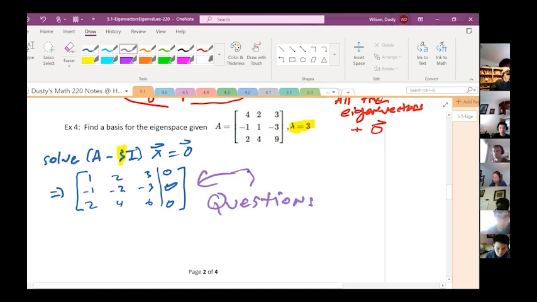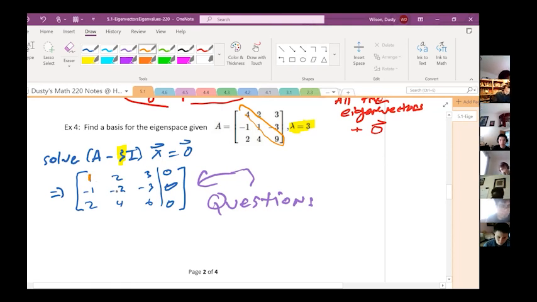Again, my diagonal was 4, 1, 9, and I'm going to subtract 3 from every entry in that diagonal. 4 minus 3 is the 1. 1 minus 3, that's negative 2. 9 minus 3, that's the 6.